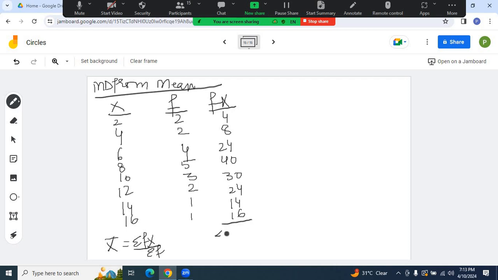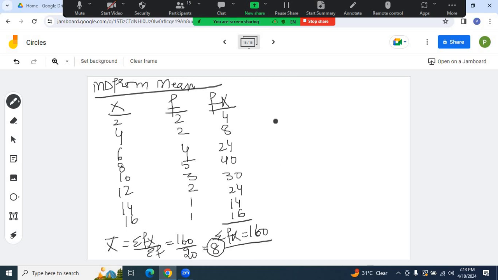Summation fx is equal to 160. Okay. Now how much is the mean? 160 upon summation f. Summation f: 2 plus 2 plus 4 plus 5 plus 3 plus 2 plus 1 plus 1 is 20. So mean will be 8.